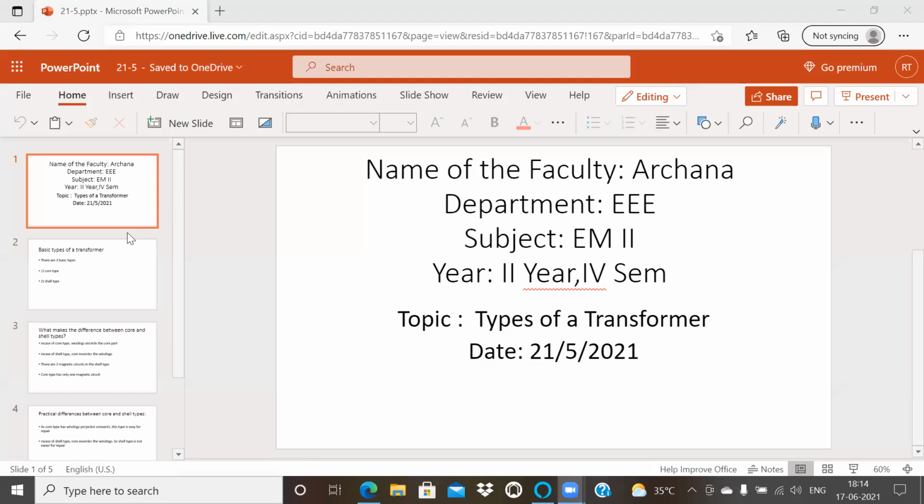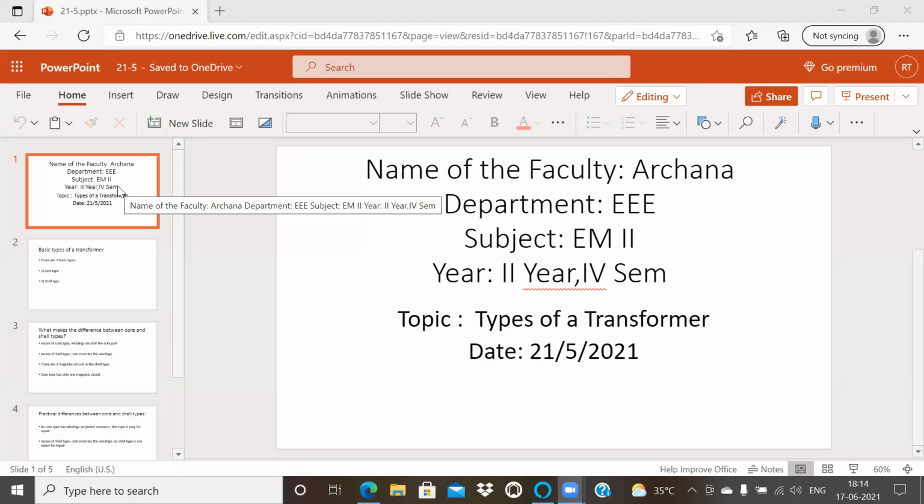Today we are going to see the topic of types of transformers. So we have seen what is a transformer.